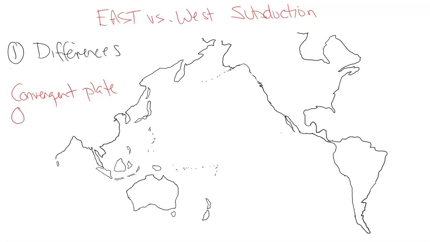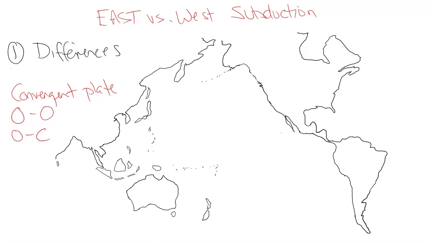So we can discuss ocean to ocean convergence, ocean to continental convergence, and with subduction we don't really include continent to continent. That's more of orogenic formations, which we'll get to in a different video.